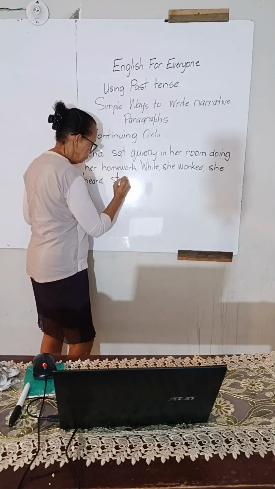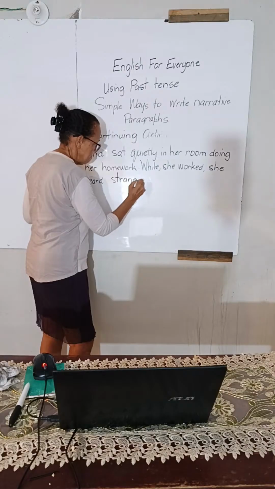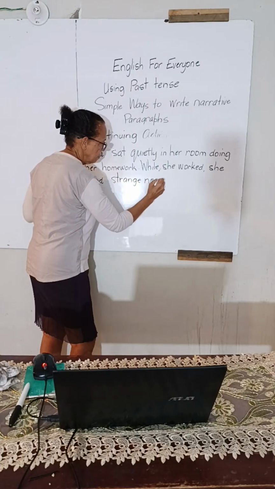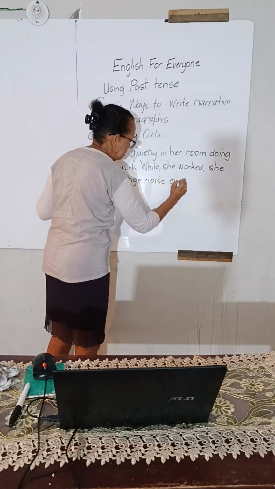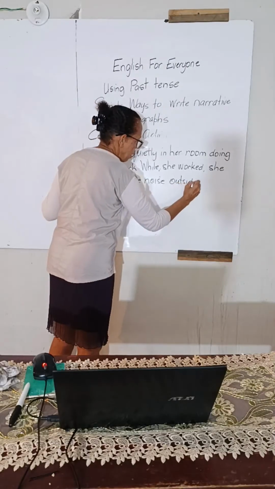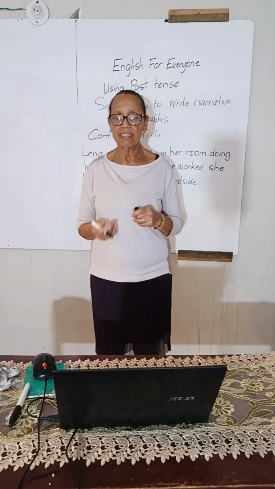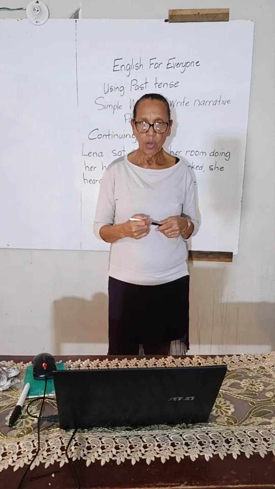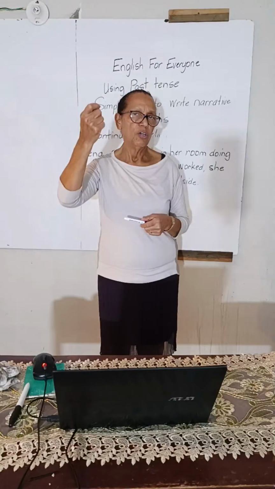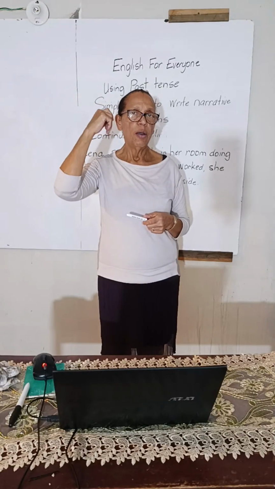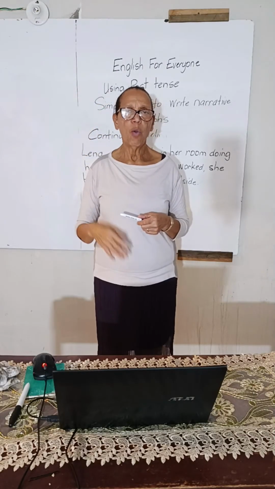Strange noise outside. Build on that one now. What more could you put on that? Add another sentence to it. When you hear noise, what do you do? You go and you look. You peek through the door. What else would you do?